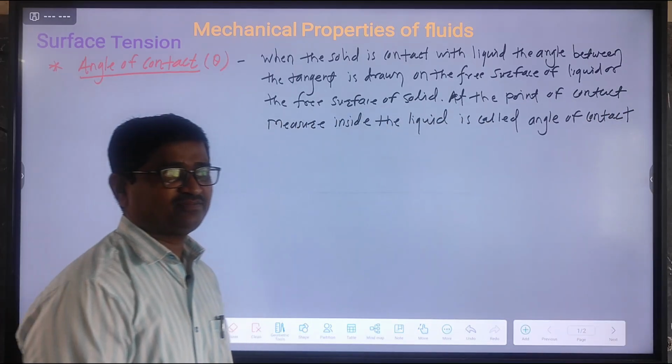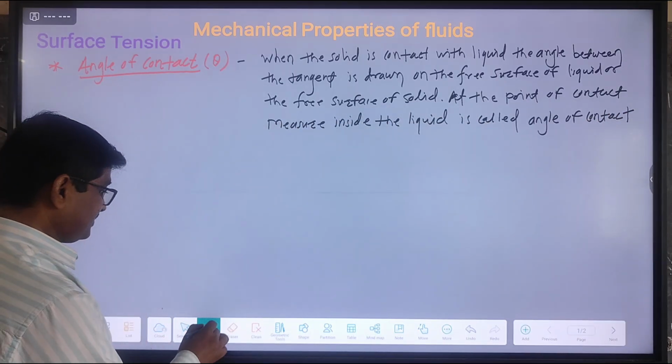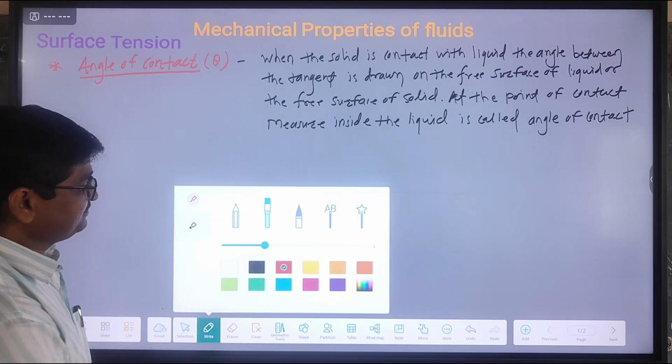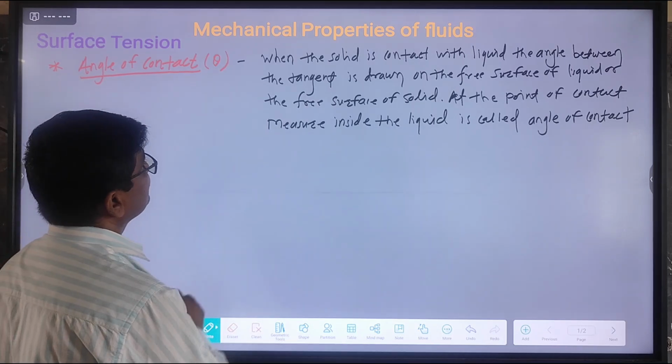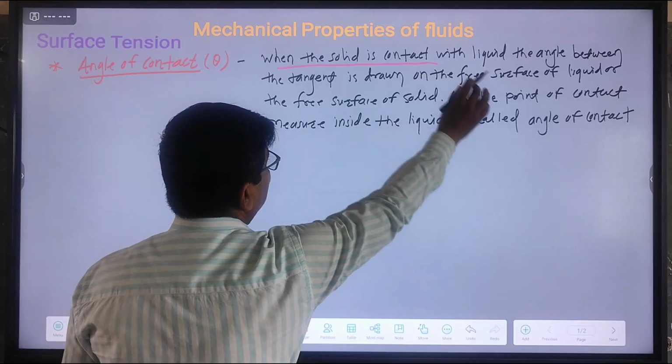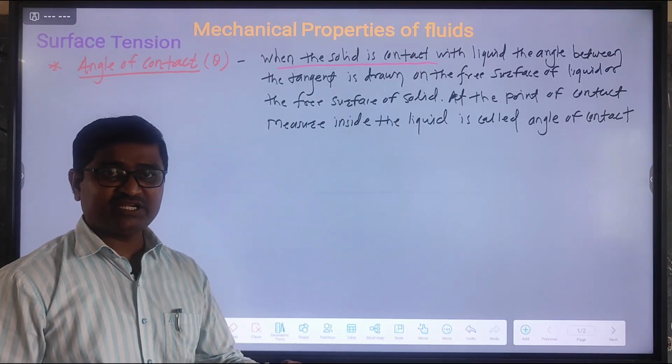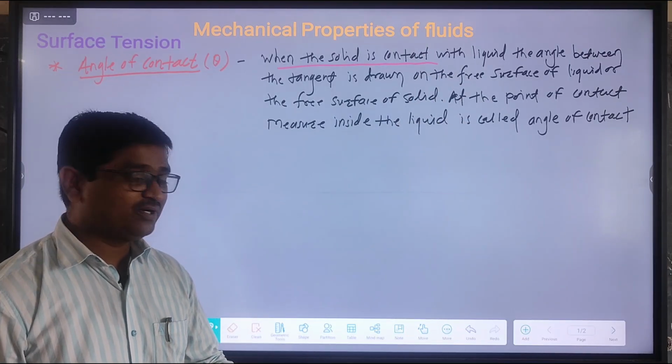Let's discuss this definition. Okay, now what is the definition? When the solid is in contact with liquid, the initial condition is that the solid is in contact with liquid.